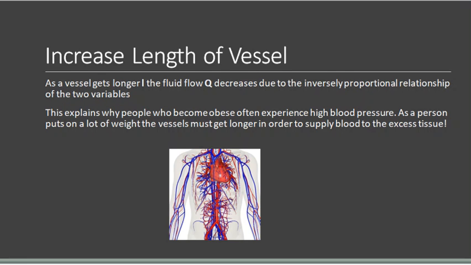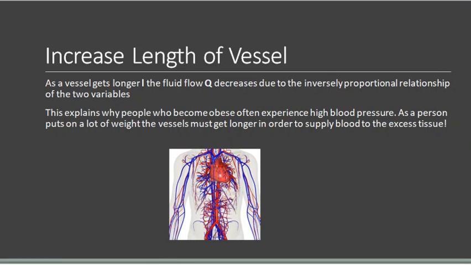Then we have increased length of vessels. As a vessel gets longer, L, the fluid flow, Q, decreases due to the inversely proportional relationship of the two variables. This explains why people who become obese often experience high blood pressure. As a person puts on a lot of weight, the vessels must get longer in order to supply blood to the excess tissue.